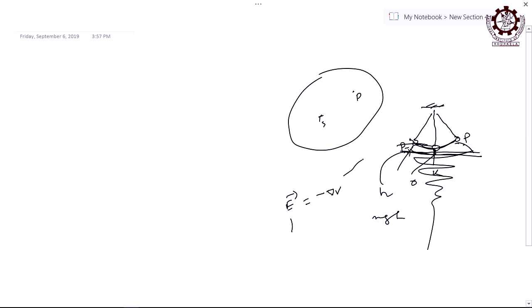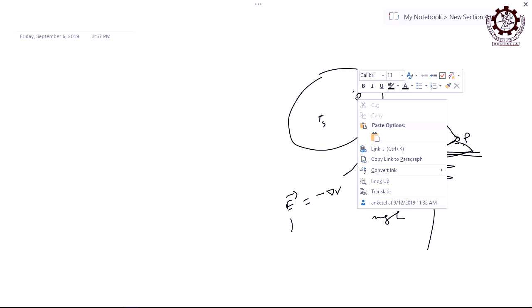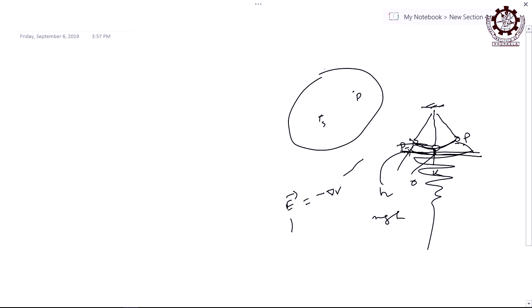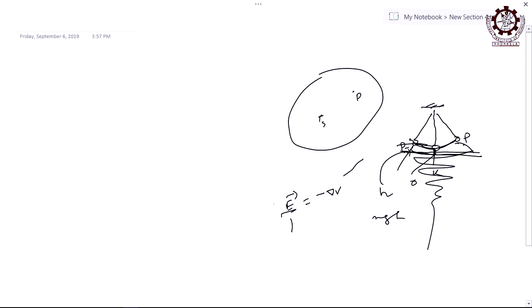From potential you can extract the intensity, or from intensity you can extract the potential, because they are correlated with each other by this relation, right.